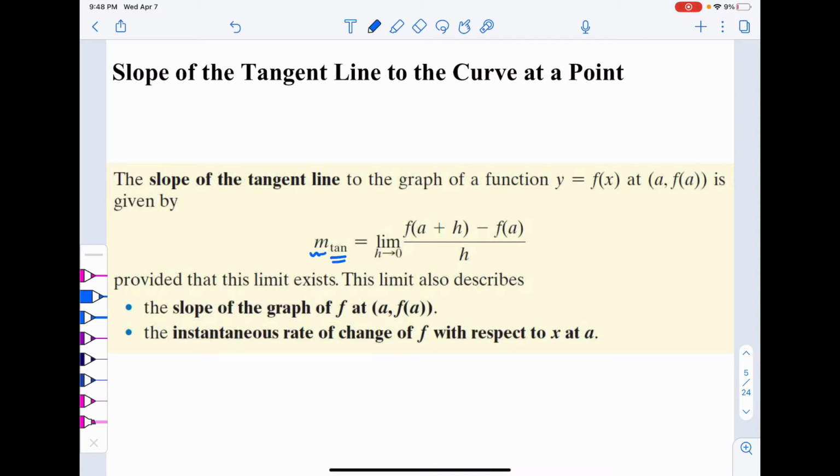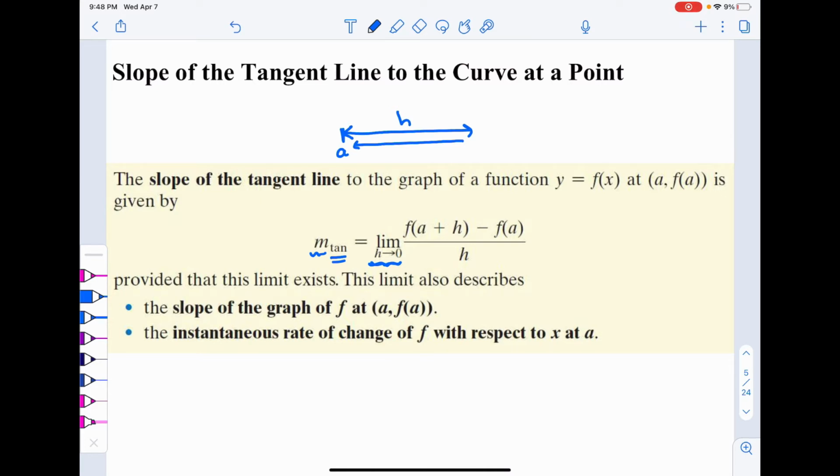What is the slope at that point? That's going to be our limit as h approaches 0, because h was the distance along the x value. As h gets smaller and smaller, all the way down to where that a value is, h is approaching 0, meaning the distance along the x value is 0.